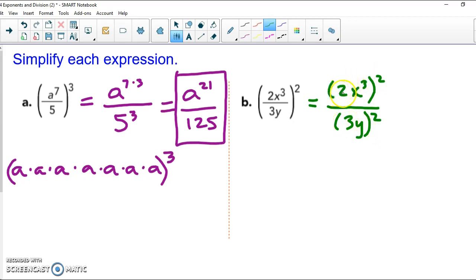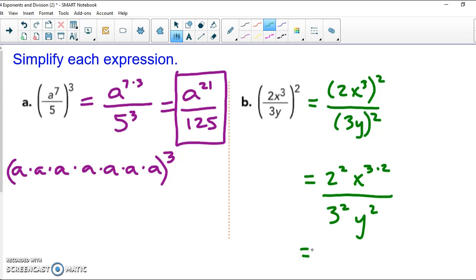So that means each part of the term inside. So not only am I squaring my x, but I'm also squaring the 2. So I have 2 squared times x cubed to the second power over 3 squared times y squared.